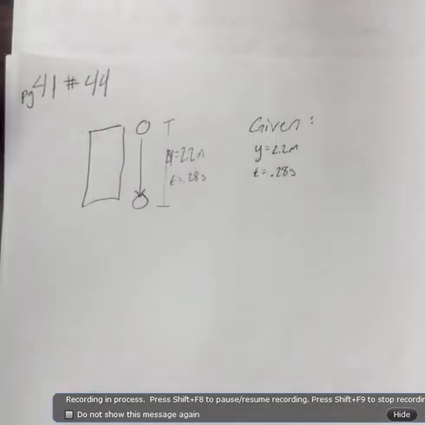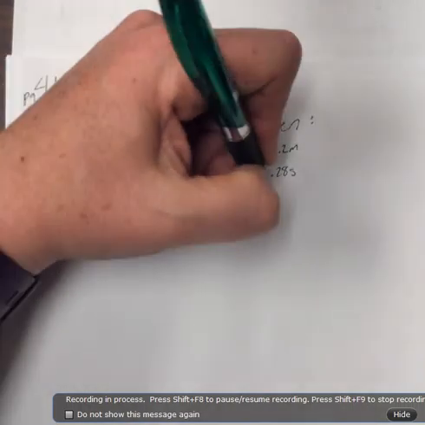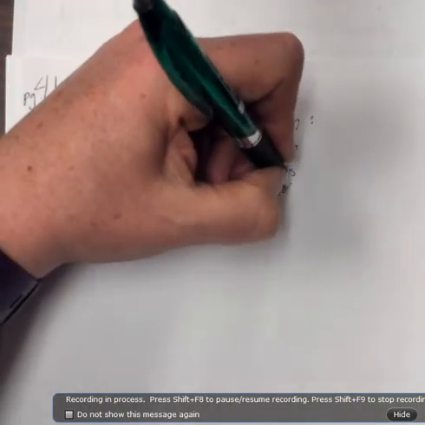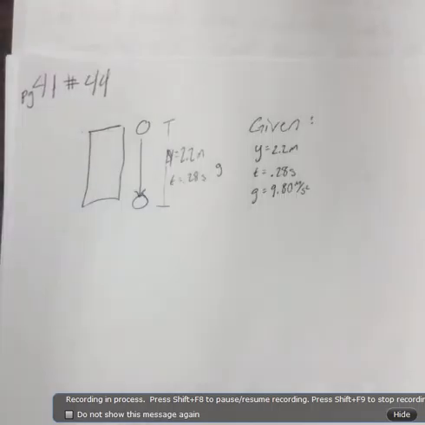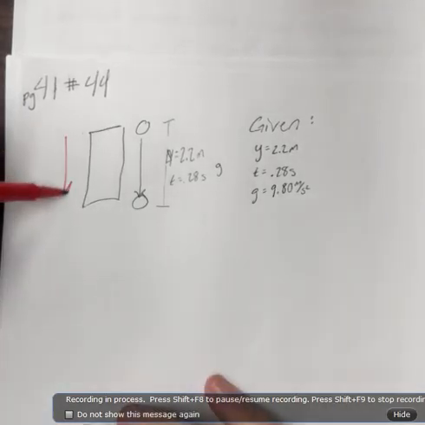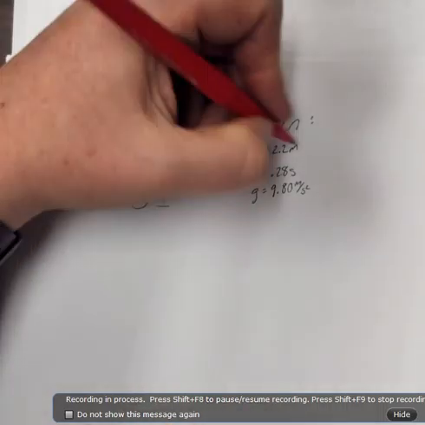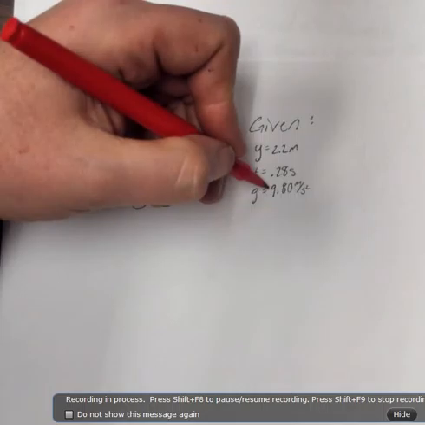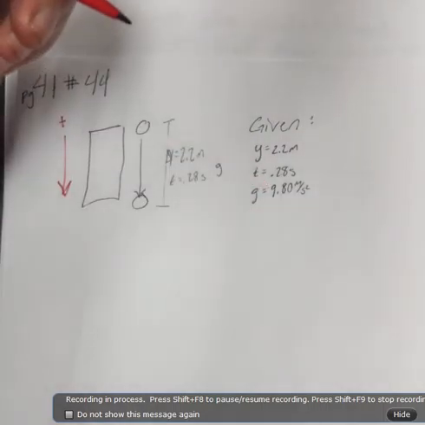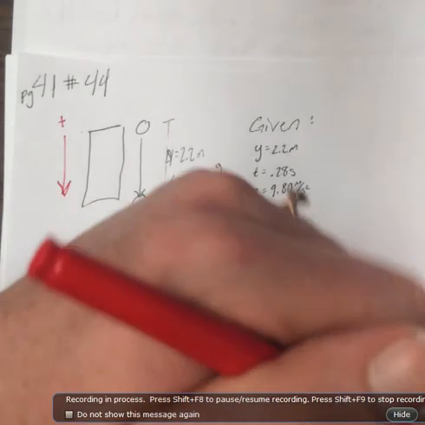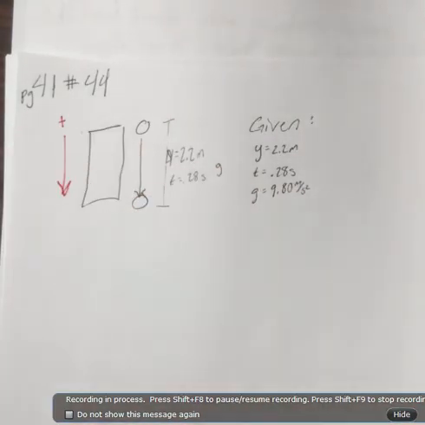The stone is in free fall. So if the stone is in free fall, that means that gravity is working on it. And gravity has a value of 9.80 meters per second squared. That's an acceleration. Now we know that gravity is always toward the center of the earth, so it's time to set our axes. In this situation, I'm going to set the downward direction as positive, so that my y displacement can be a positive value and my gravity can be a positive value, which means that I'm setting my axis opposite to the way that I usually do.